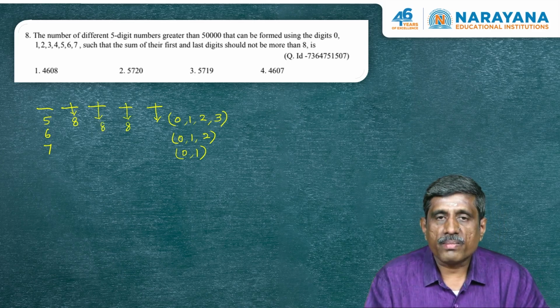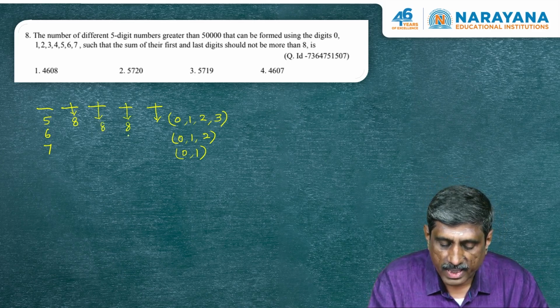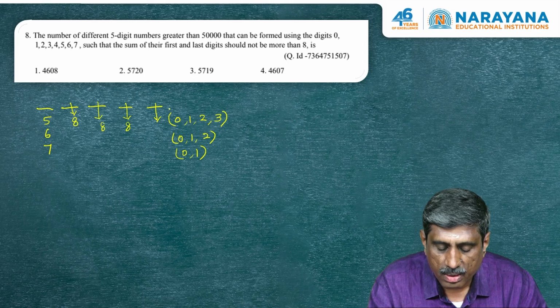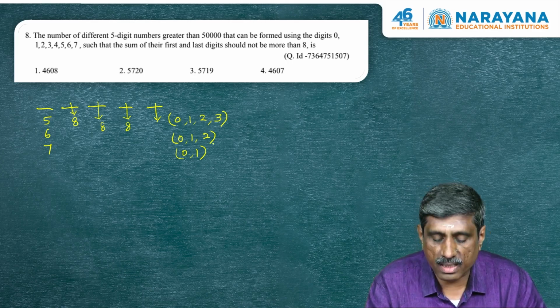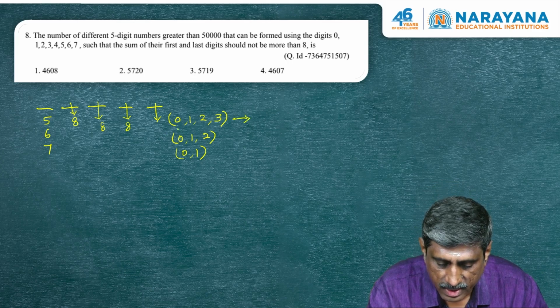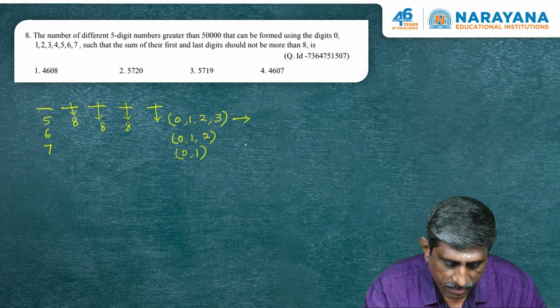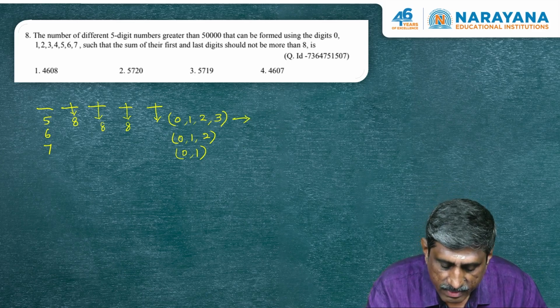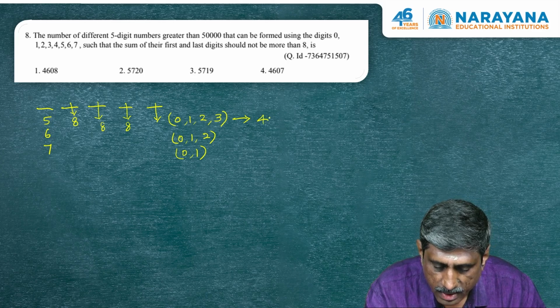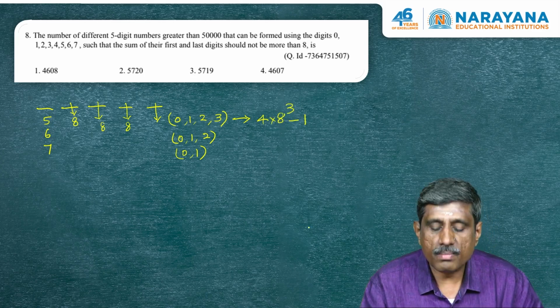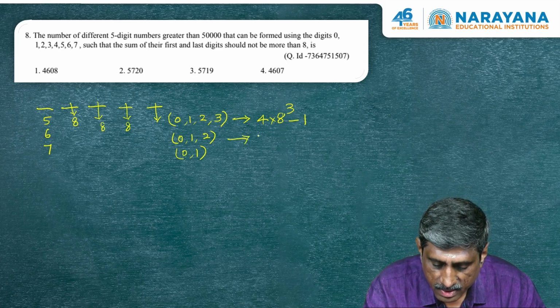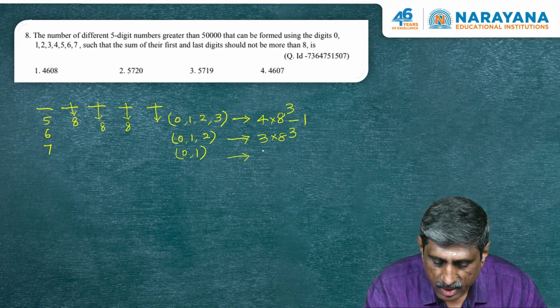Observe carefully that when we put 5 in the first place and we put 0 in all the places, it is going to be 50,000. I want the numbers greater than 50,000. Therefore, in the first case alone, I have 4 possibilities here, 5 is one case. So, 4 into 8³ minus 1 you have to consider. And when we come to the second place, it is 3 into 8³. And third possibility, it is 2 into 8³.